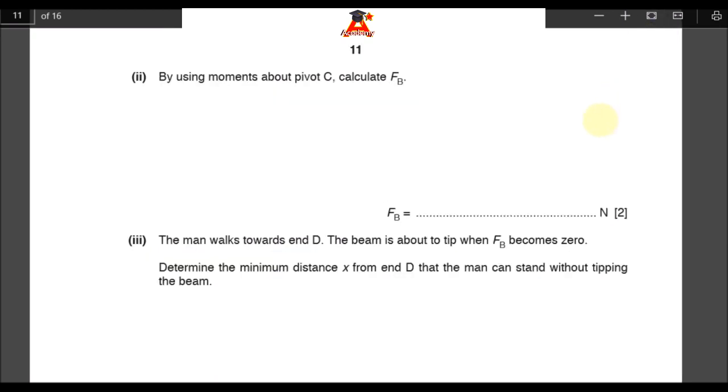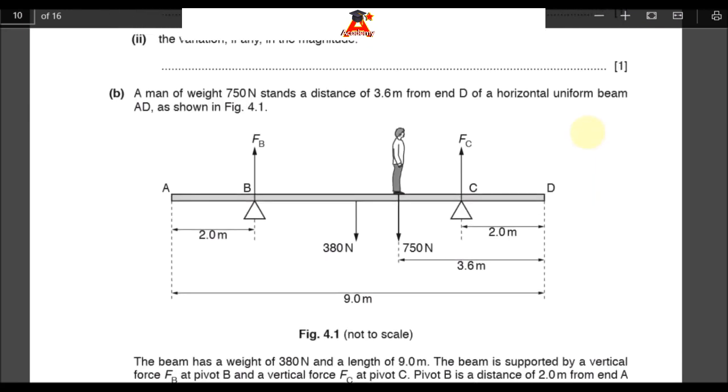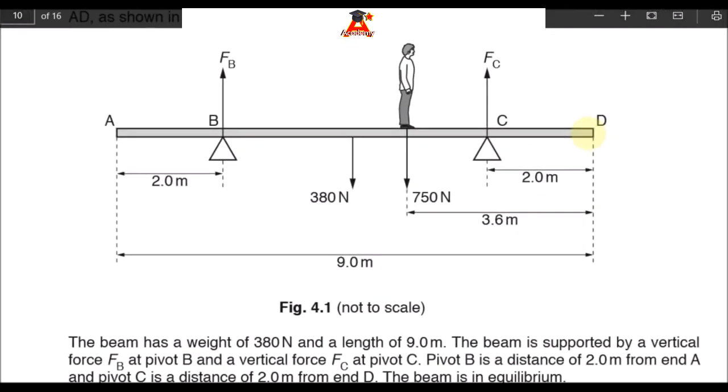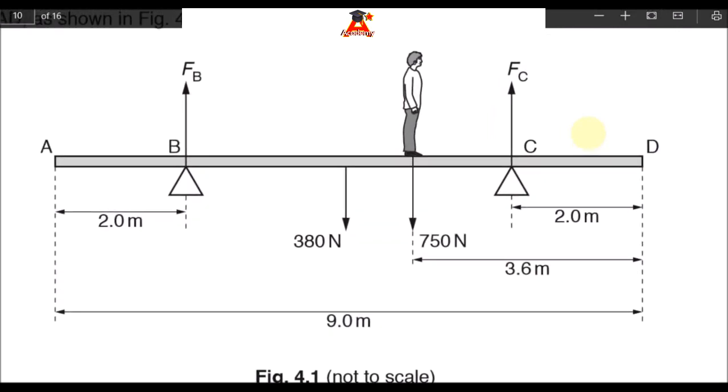By using moments about pivot C, calculate force FB. We have to go back to this diagram and calculate some distances.